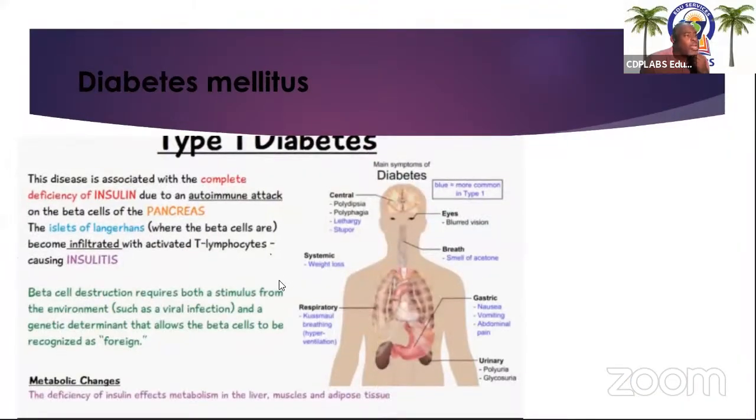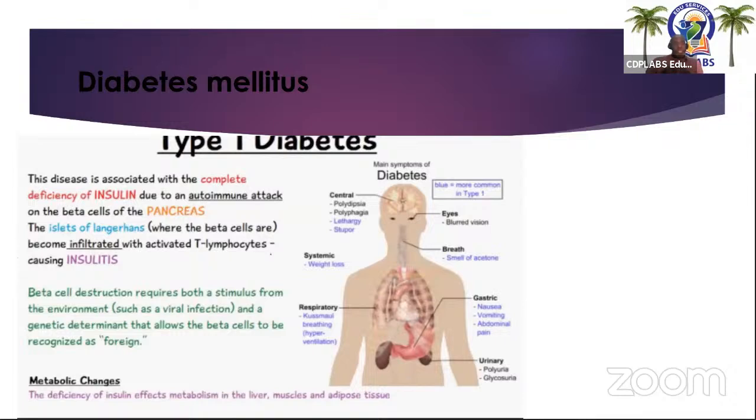So our last slide here. The disease associated with complete deficiency of insulin, that's type 1 diabetes, is due to autoimmune attack on the beta cells of the pancreas. As I said in one of the videos, your own body cells attack your own body cells. It's like family fighting against family.